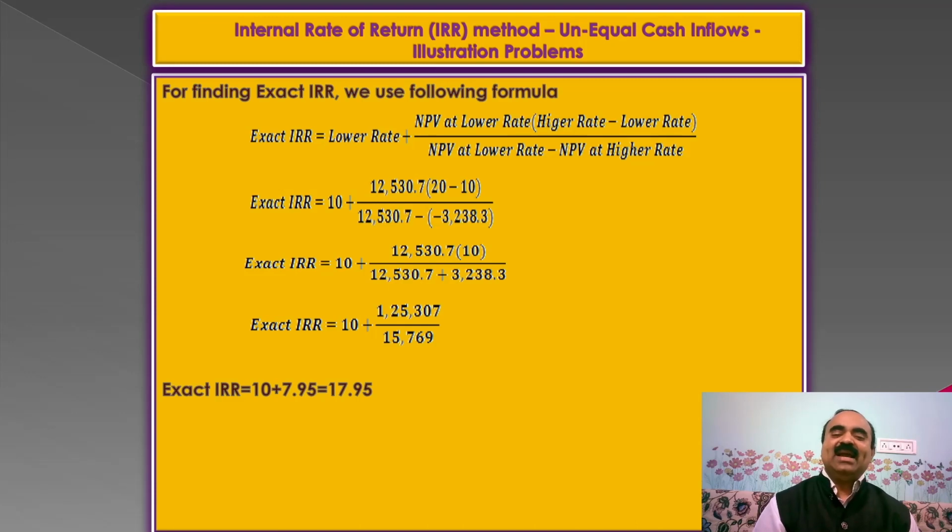Therefore, exact IRR is equal to lower rate of IRR, which is 10%, plus NPV at lower rate, which is 12,530.7, into higher rate 20 minus lower rate 10, divided by NPV at lower rate 12,530.7 minus NPV at higher rate, which is minus 3,238.3.